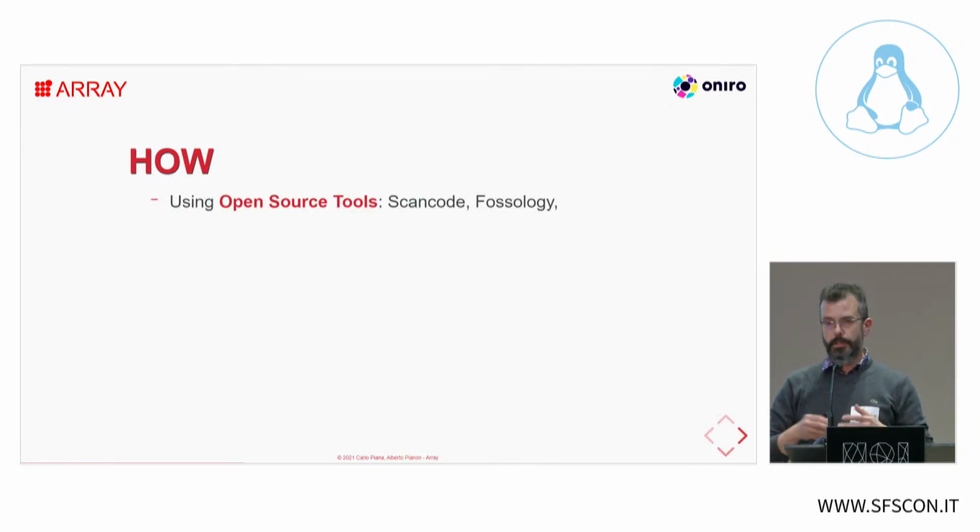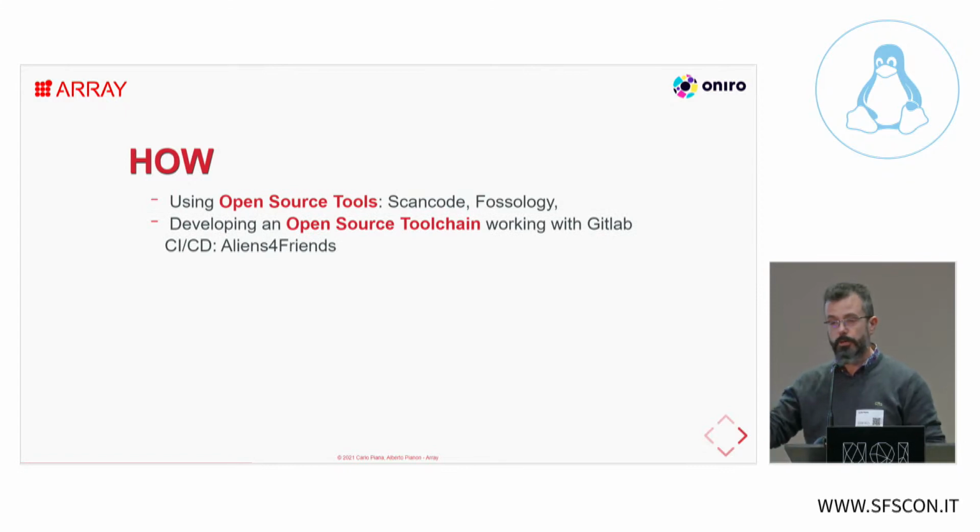Of course, as I said, we have invested a lot of time trying to always use open source tools. This is the basic choice. Free software, from the beginning to the end, no proprietary thing. There are many proprietary tools, but we are scrapping them. We are using only ScanCode and FOSSology, of course, as tools for scanning and organizing the information that we collect from the source code.